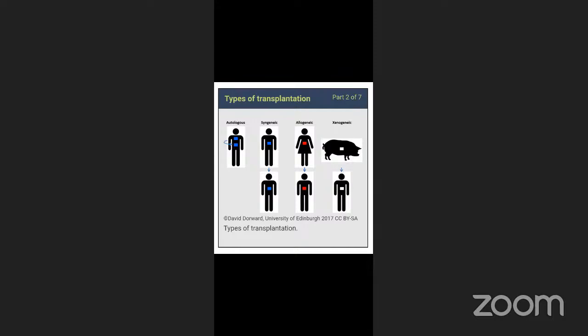Syngenic can be defined as an isograft, transferred between genetically identical individuals, twins. For example, transplantation takes place between identical twins. That type of transplantation is called isograft or syngenic transplantation.